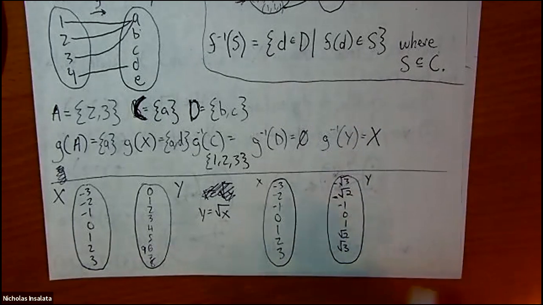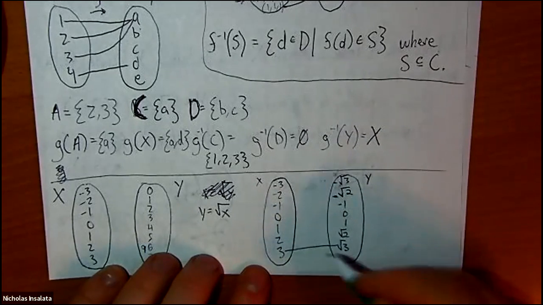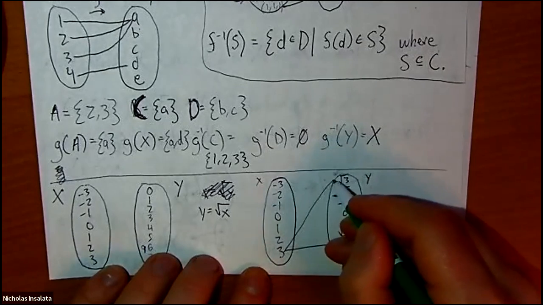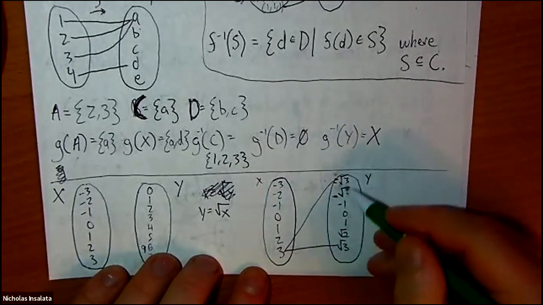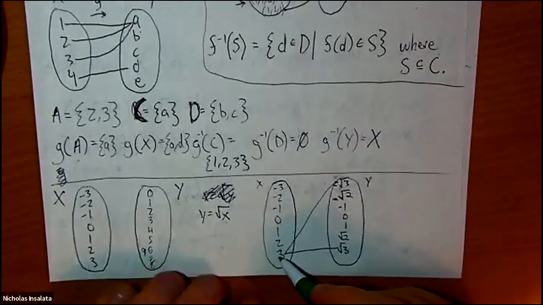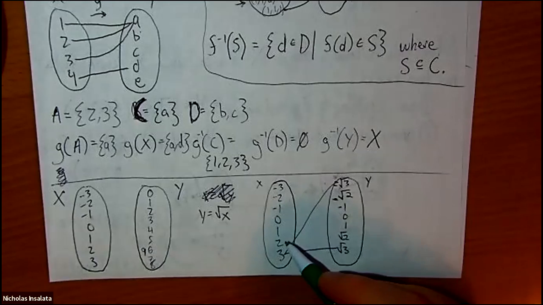So what is 3 going to map to? Let's go bottom to top. Then 3 maps to both positive square root of 3 and the negative square root of 3. Good, because you could square either of these to get 3, right? Okay, how about 2?